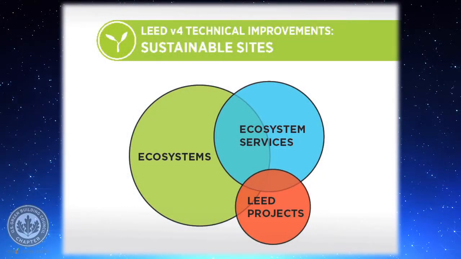All right. So now that we have pulled out the location-based credits from the sites section, the sustainable sites category is really about the relationship now between the building and the ecosystem on site and the services that are provided by the site. The idea here, when we think of improved performance from a site's perspective, is being able to rely as much as possible on the ecosystem services on site and really disrupt and change the site as little as possible.